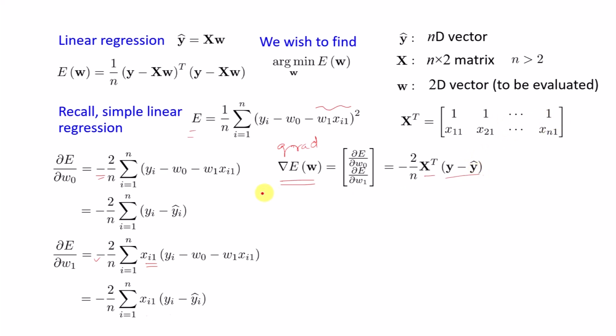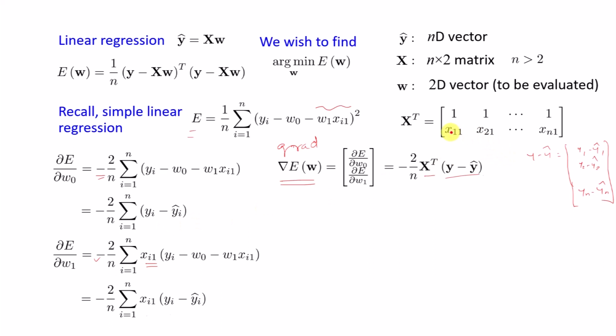This y minus y hat vector has y1 minus y hat 1, y2 minus y hat 2, all the way up to yn minus y hat n. When I multiply with this X transpose, I take this top row and multiply with this column. All are 1 here, so this will be simply the summation of all these terms. And that is exactly what we see in del E del w0.